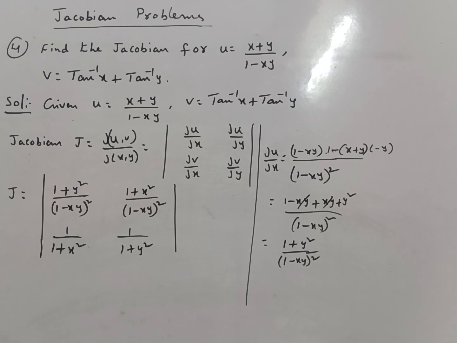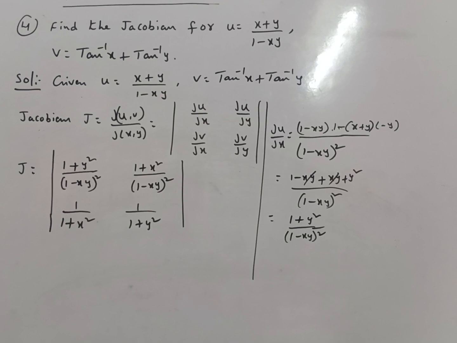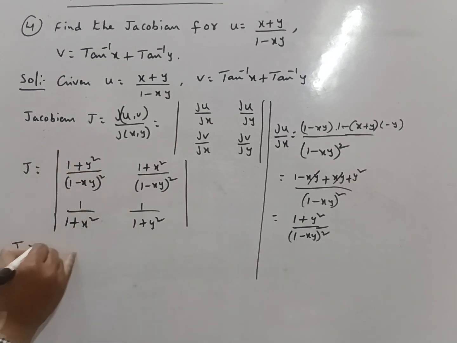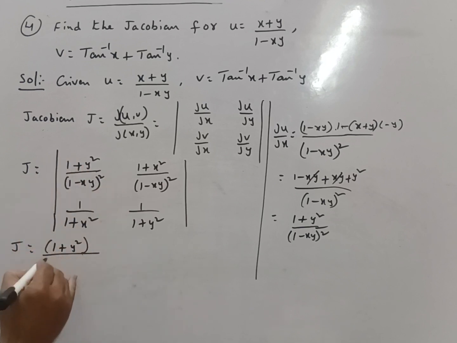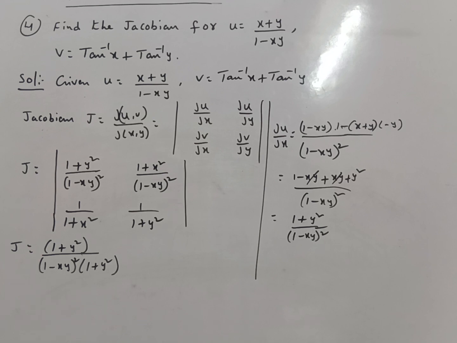Okay. So now you have to find the determinant here. If you find the determinant, what do I get? Jacobian J is equal to AD minus BC. So I get (1 plus y square) by (1 minus xy) whole square into 1 by (1 plus y square), correct?